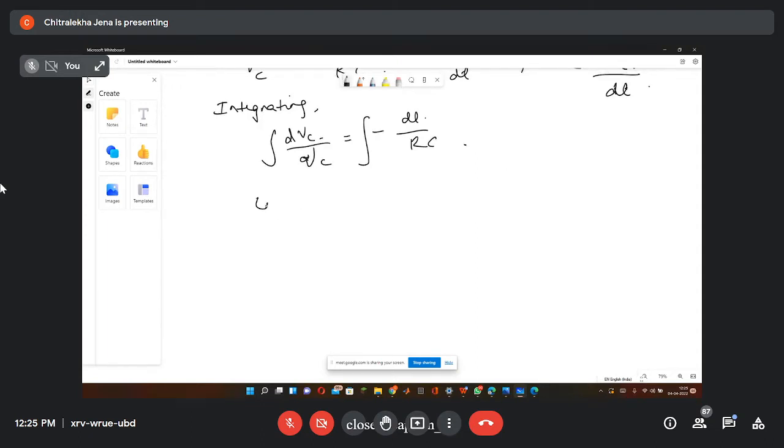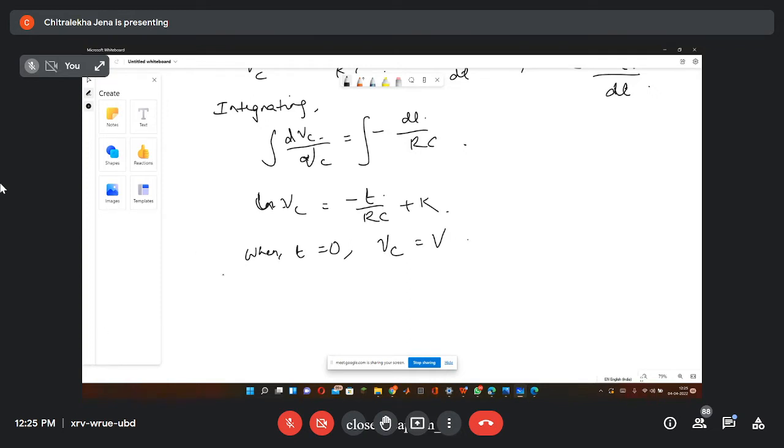This will be ln VC equal to minus t divided by RC plus K. This is your equation. K is your integration constant. It can be found out from the initial value. The initial value is when t equal to 0. What is the value of the voltage across the capacitor? When t is equal to 0, VC was equal to capital V.